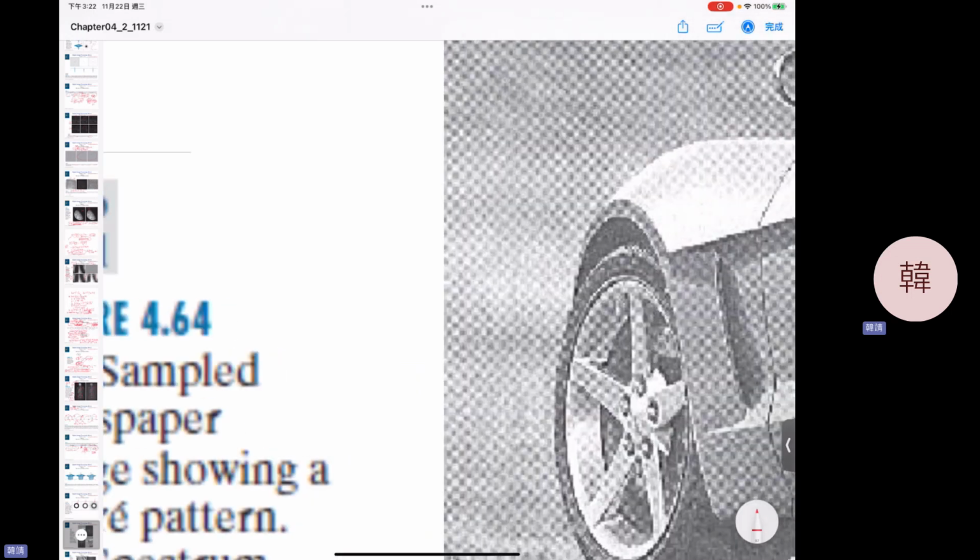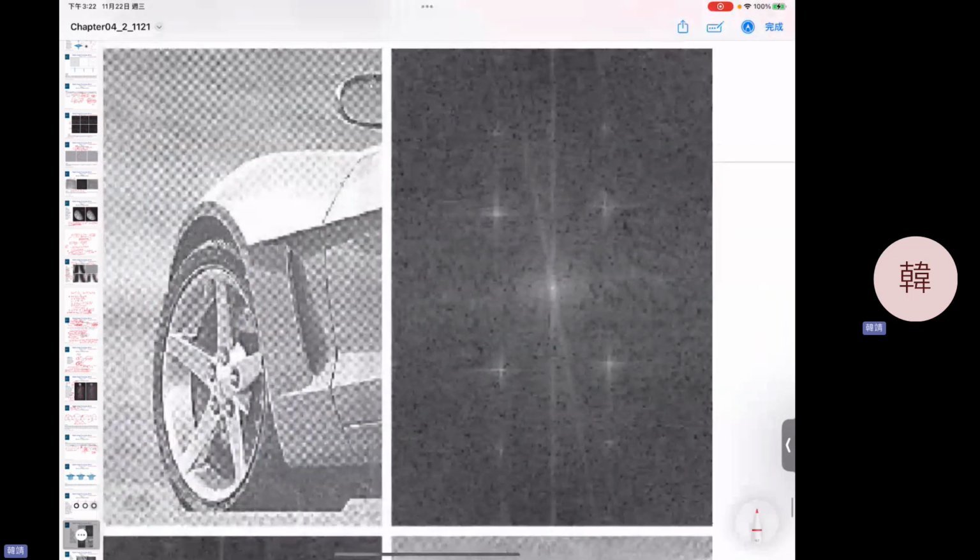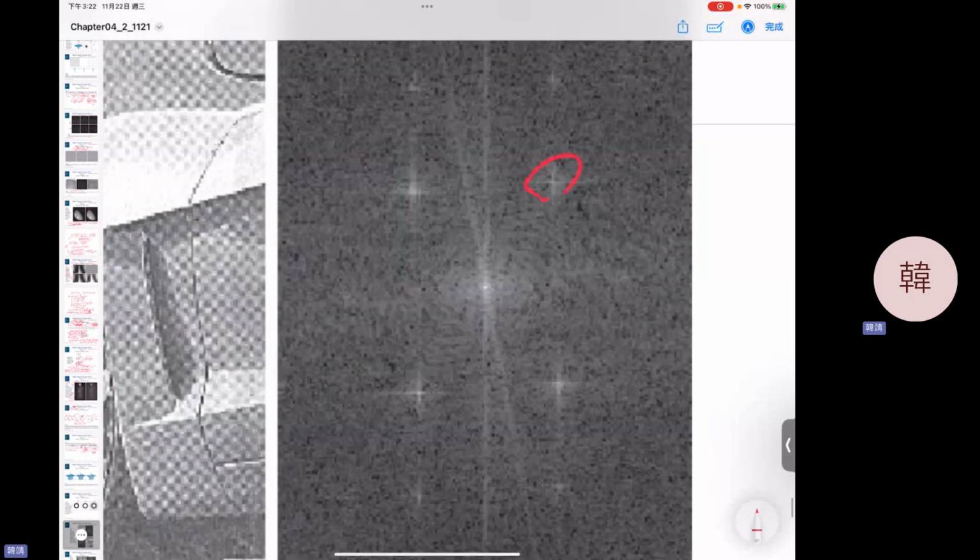Which means if you look at the Fourier transform of this image, it should look like this. There are some points with some specific energy in the frequency spectrum. They should have a conjugate relationship, so they map to each other. So it will not occur at only one spot.